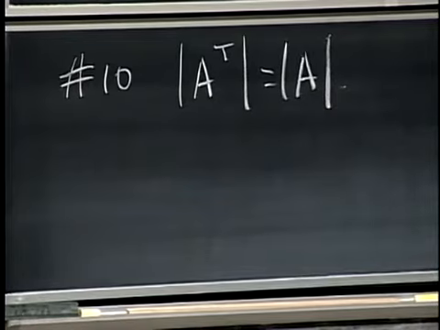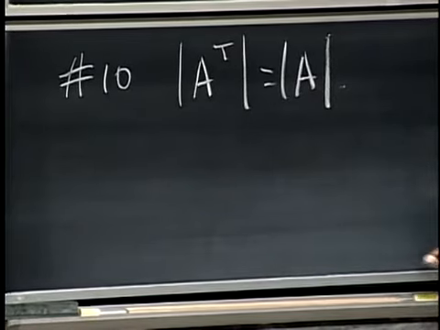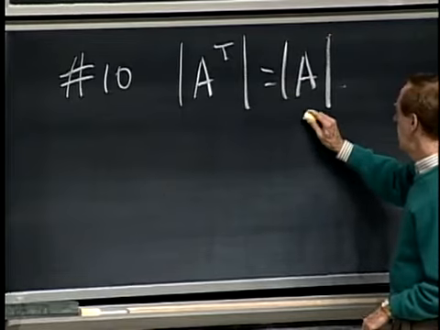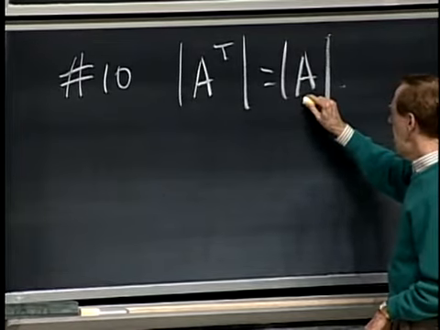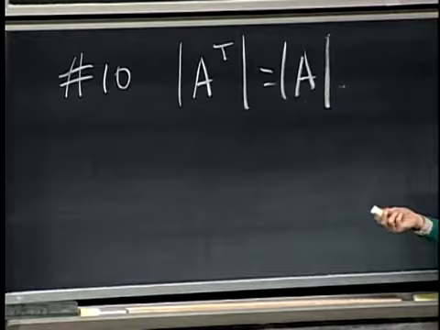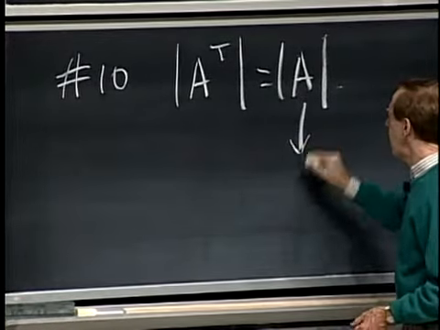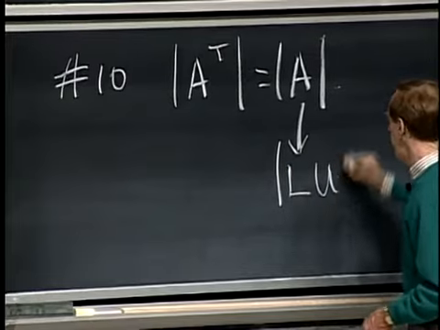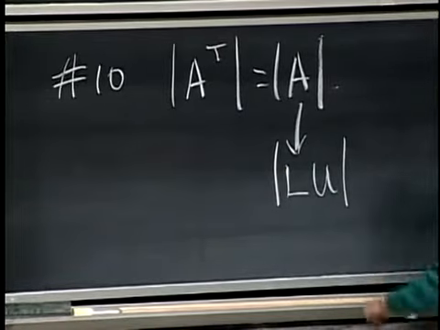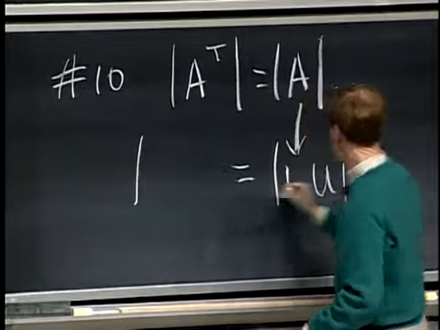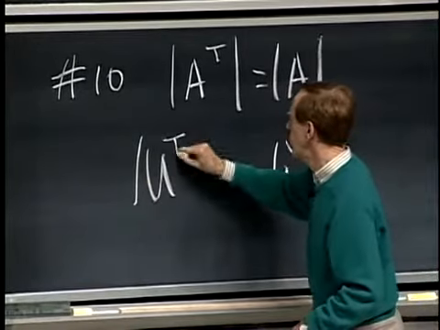Okay. So a typical matrix A, if I use elimination, factors into LU. And the transpose is U transpose L transpose.